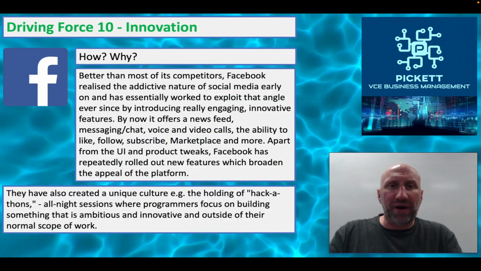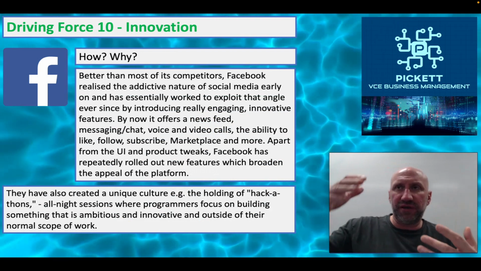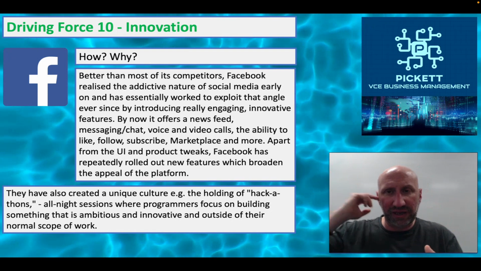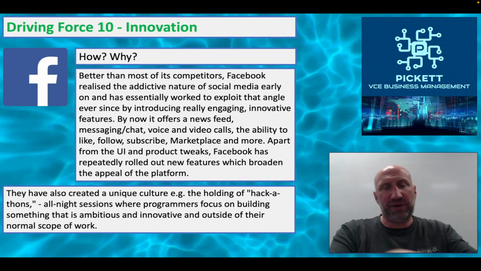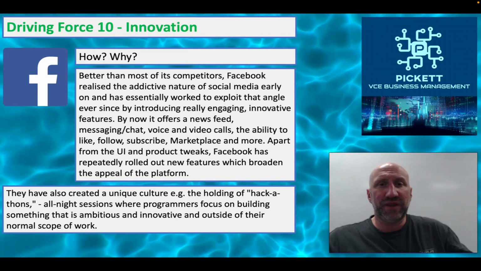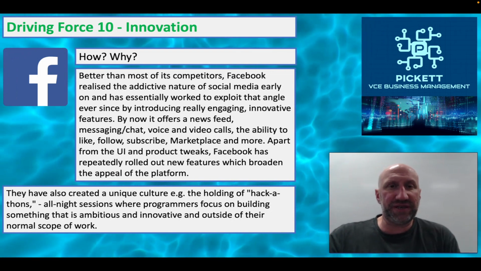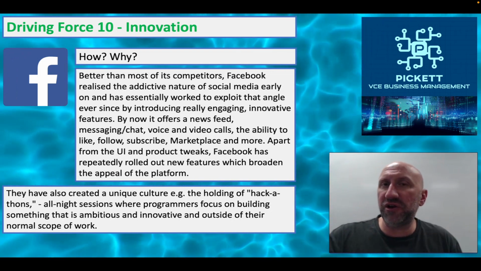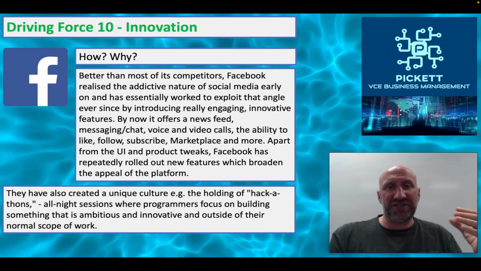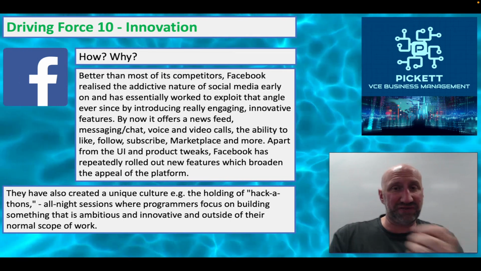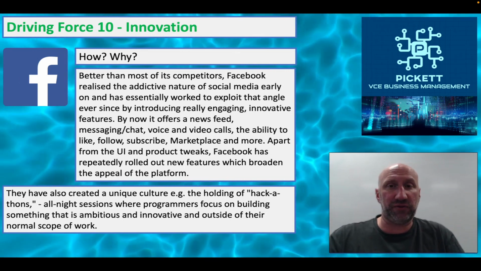Okay, so why did Facebook go on and on and on, whilst these others just disappeared, went by the wayside? Because they innovated better than those competitors. Very early on, Facebook realized the addictive nature of social media, and has basically ever since worked to exploit that angle.